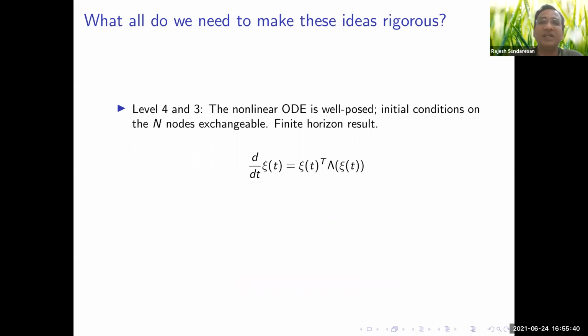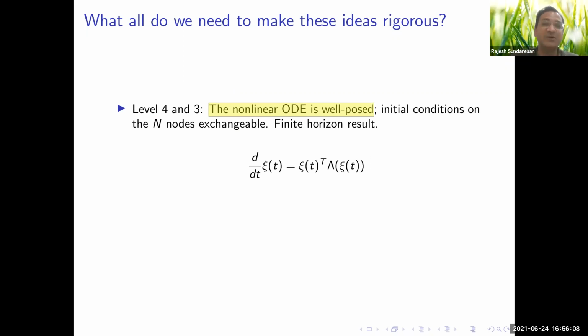Okay, what do we need? What assumptions do we need to make all these rigorous? There are some assumptions and then there are some tools. I'll not speak about the tools, but as far as the assumptions are concerned, to put all of what I have described in a rigorous framework, we need some conditions for the level 3 and the level 4 fixed points to hold. One sufficient condition is that the nonlinear ODE is well posed, or the nonlinear martingale problem is well posed.